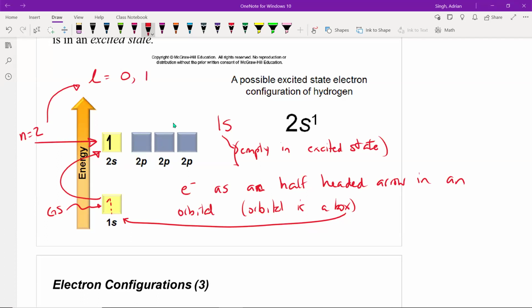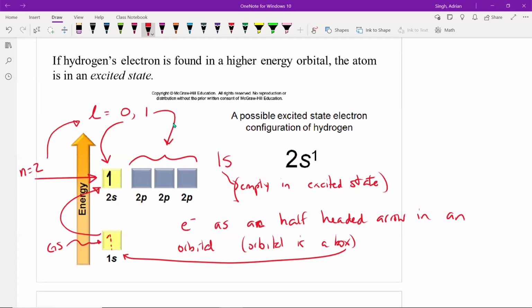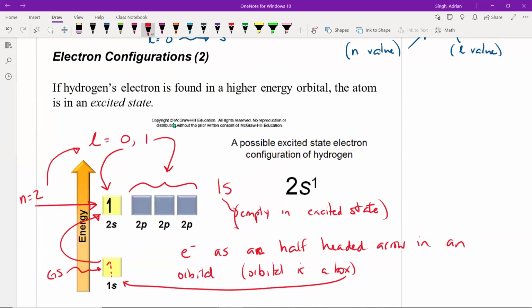L equals 0, as we know, corresponds to the s sublevel, and L equals 1 now corresponds to the p sublevel, which is going to be this sublevel here. For our L values, now we can use those to come up with our m sub L values. m sub L values go from negative L through 0 to positive L.